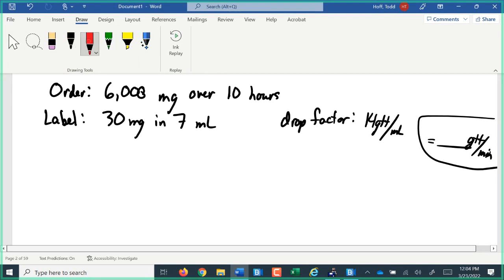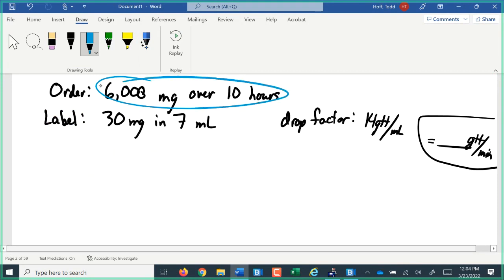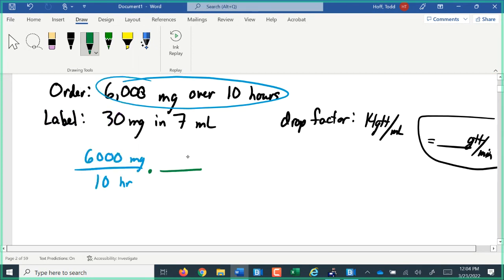Let's take a peek, see how you're doing here. We'll start out with the order, 6,000 milligrams in hours. We get rid of the hours first again, as we usually do. So 1 hour, 60 minutes. Giving us now in milligrams per minute.